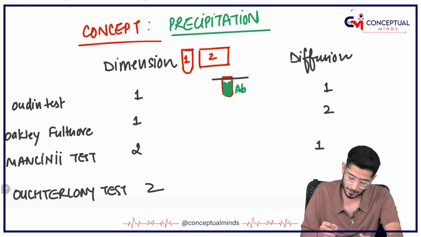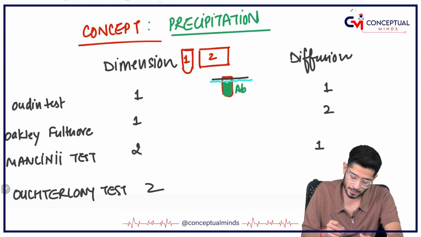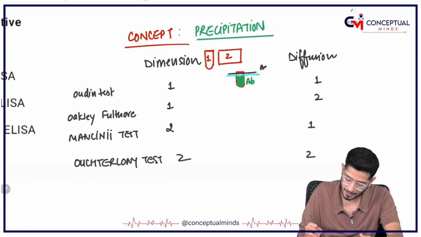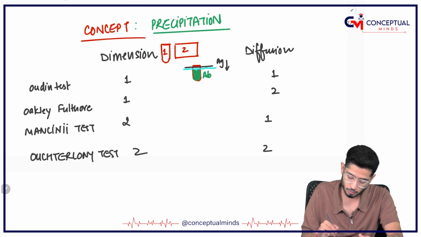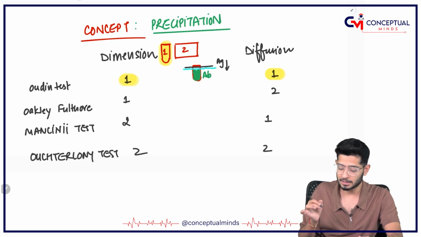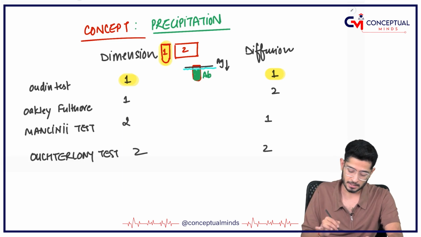So, what is going to happen? There is a precipitation which is formed here. Why? Because this antigen, the black antigen, moved towards the antibody. So, the movement was only in one direction. That is why it is one dimension. Why? Because it is a test tube. The movement is only in one direction, that means the diffusion is in one direction.